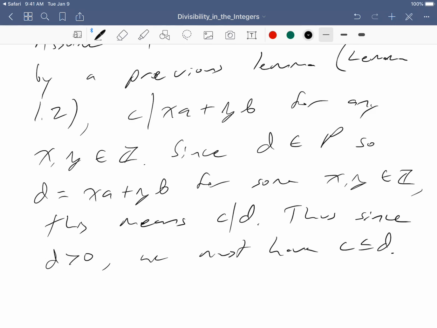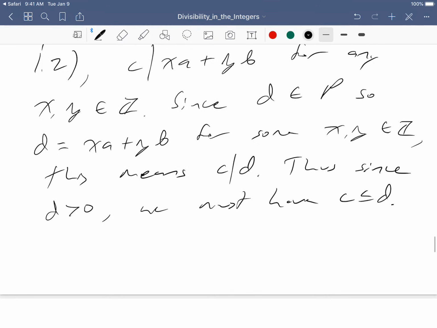If D was negative, we'd get into some weirdness, but since D is positive and D is a multiple of C, then C has to be smaller than or equal to D. And so what we have proven all together is that D is the GCD of A and B.